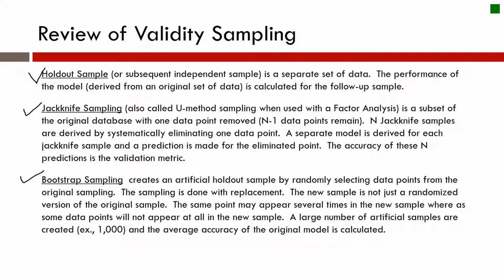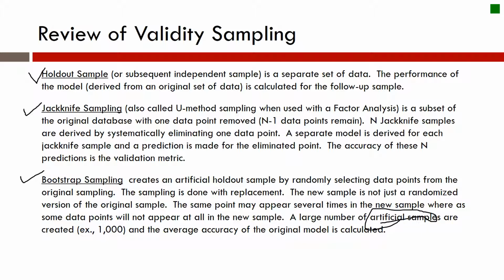So in other words, if I have 100 respondents, sometimes I can create a whole new data set that simulates the characteristics of the 100 respondents and keep running the analysis over and over again. So artificial samples are created in that case.